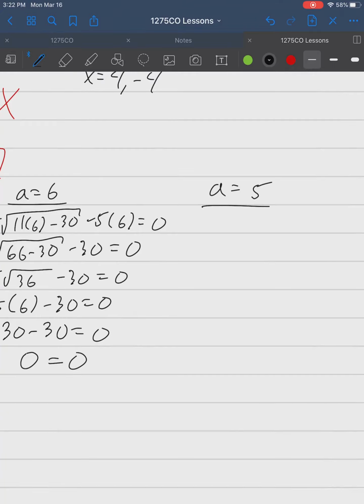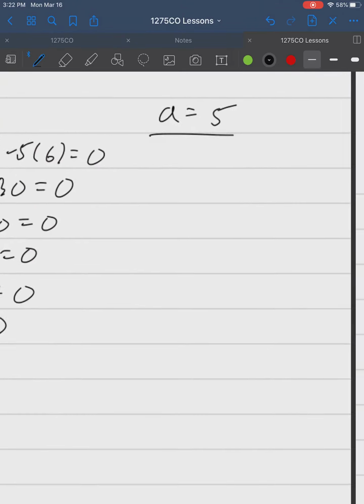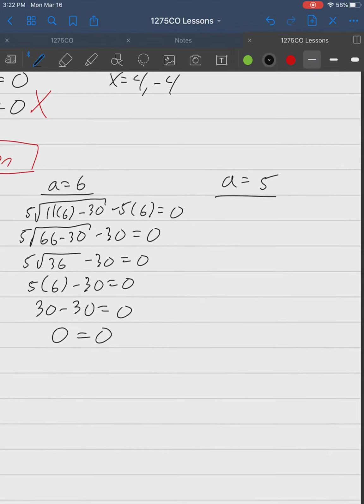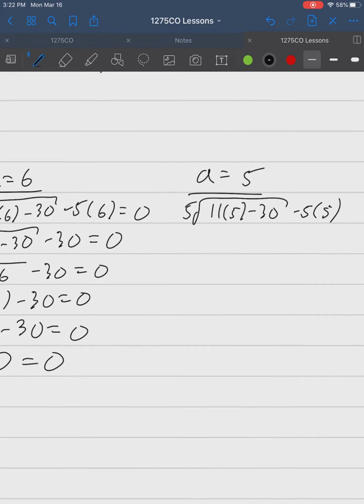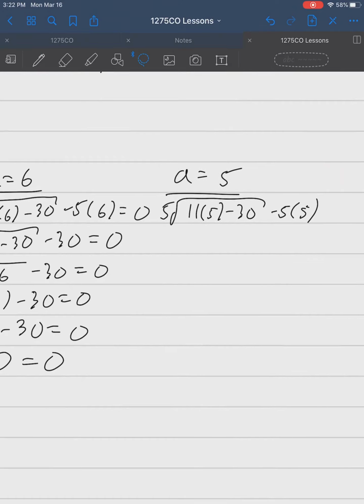A is equal to 5 was our other answer. So let's write this out. 5 radical 11 times 5 minus 30, minus 5 times 5. Running out of space over here, so let's move this just a little bit over. Equals 0. Oh, let's take this slower. 5 radical 55 minus 30.